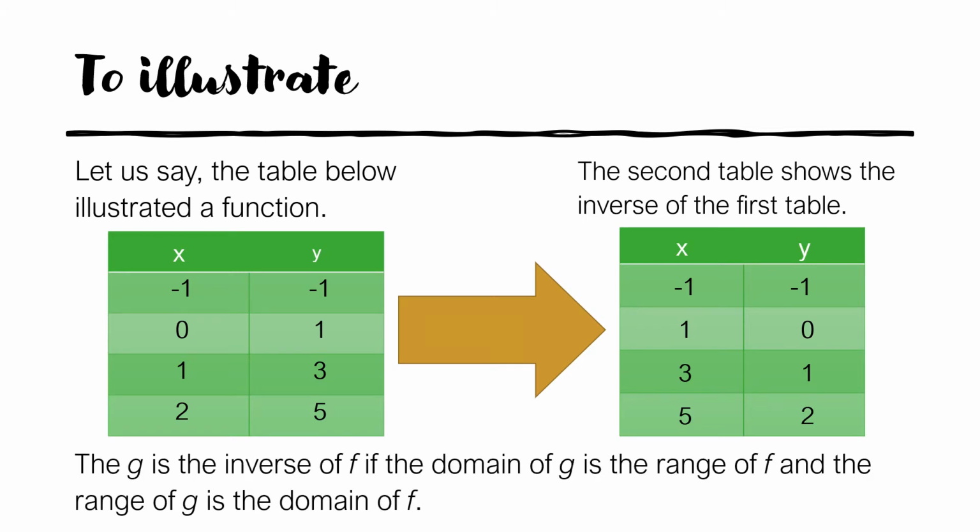In other words, if g is the inverse of f, then the domain of g is the range of f, and the range of g is the domain of f. So we could always say that the function g is the inverse of function f if the domain of g is the range of f and the range of g is the domain of f.